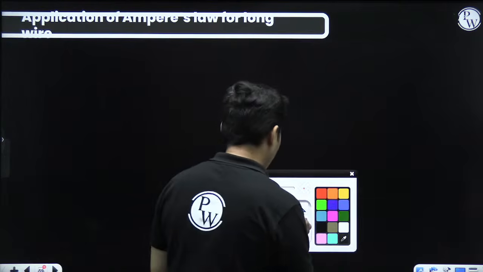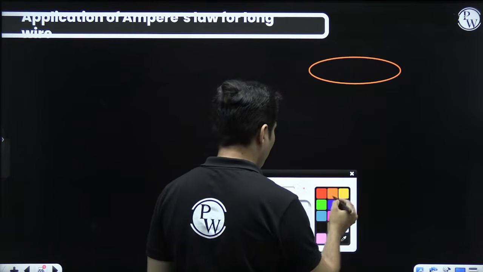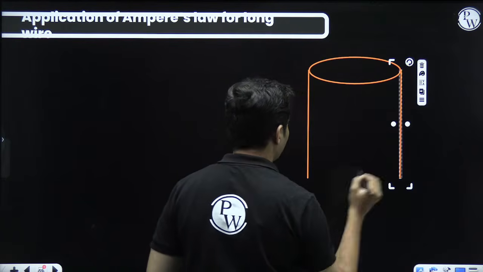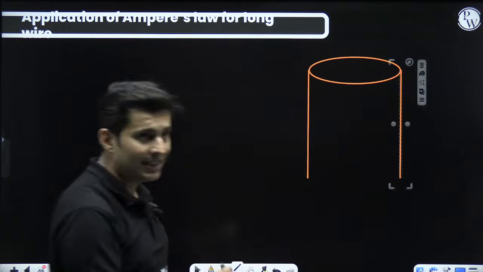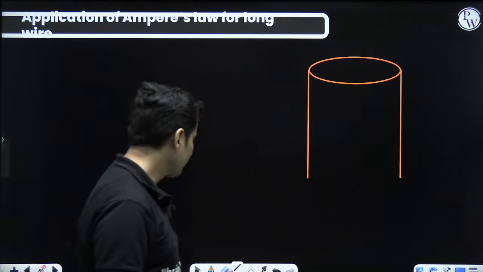So let's take this particular cross section of that particular cable, and inside that I want to know how much the magnetic field is.